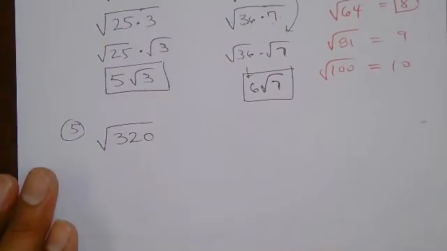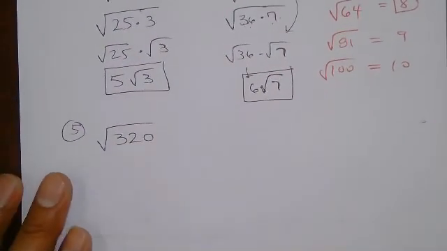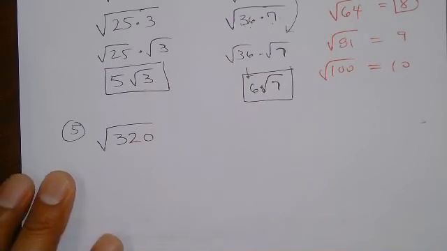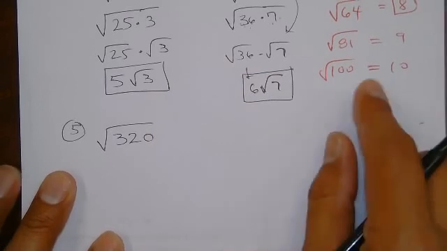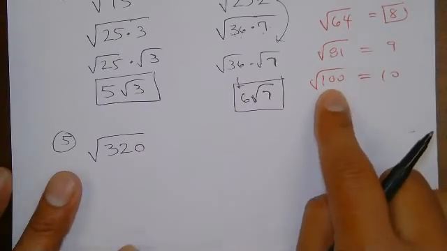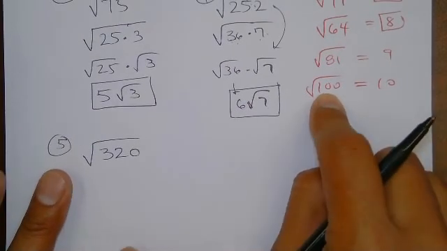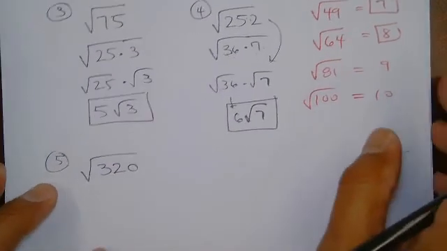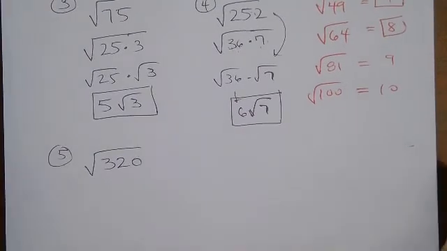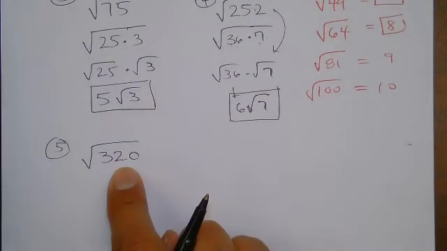Number 5. The square root of 320. You think it's going to be a 100 multiple? No, because it's not.